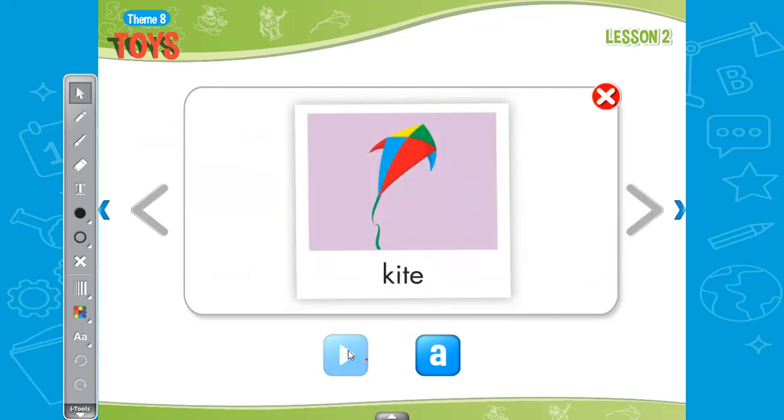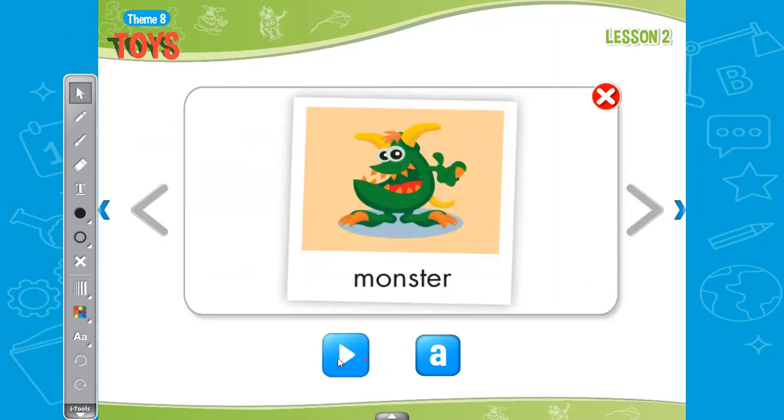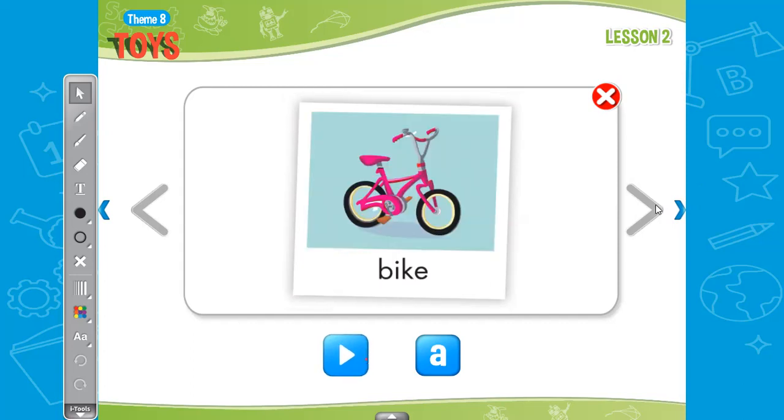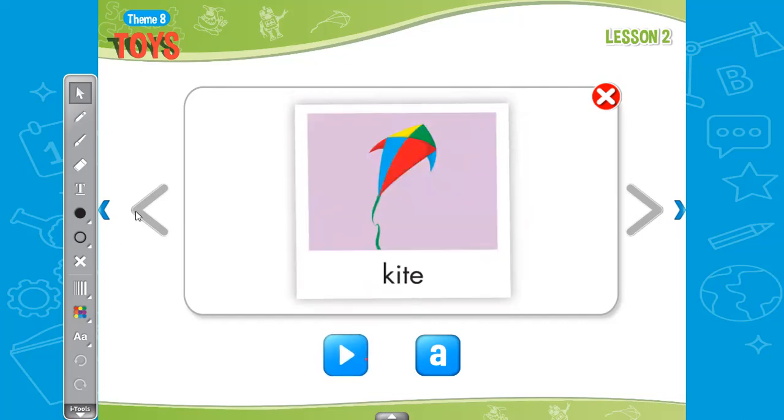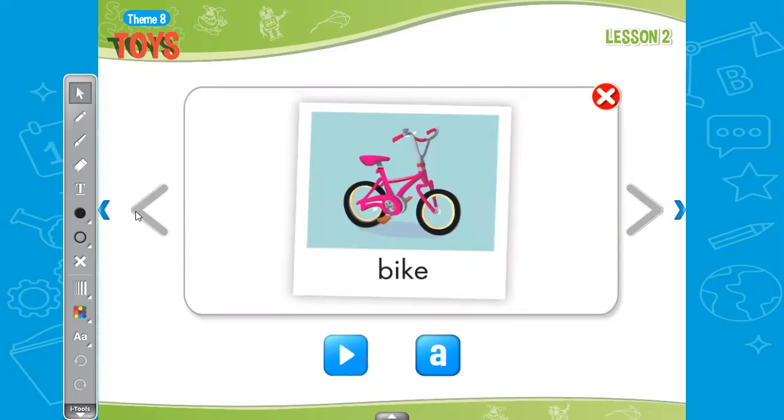Number 2 is a kite. Number 3 is a monster. And number 4 is a bike. Okay? So if we were to go back here and here and here, how can we describe this?